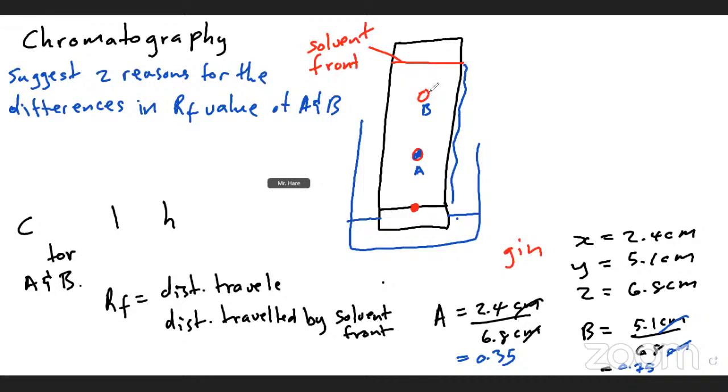By the way, the solvent is your mobile phase. So your mobile phase is the liquid, in this case, that moves along the stationary phase, so the paper.